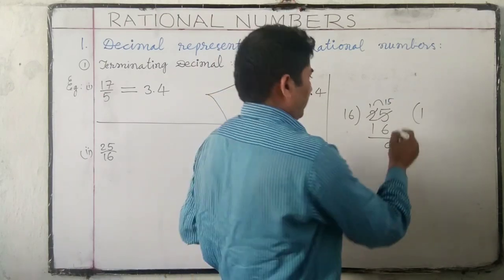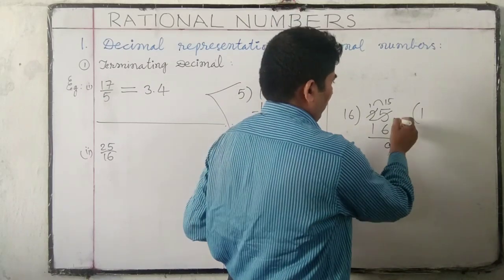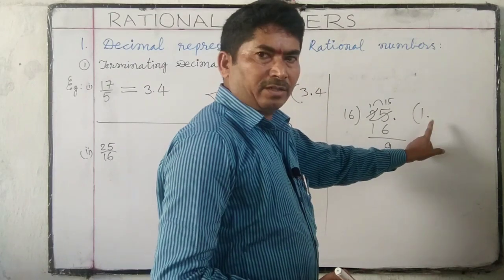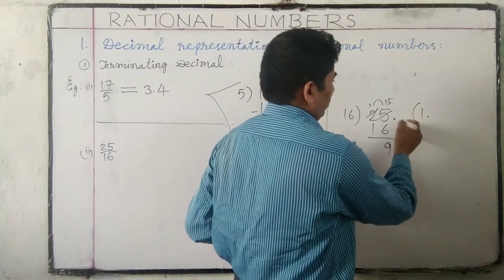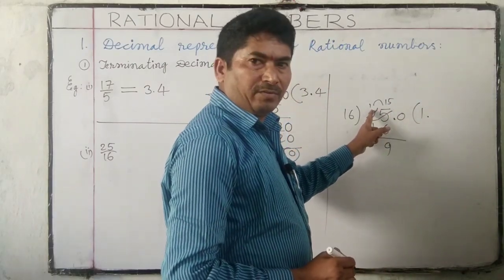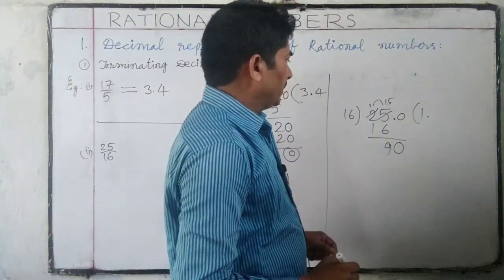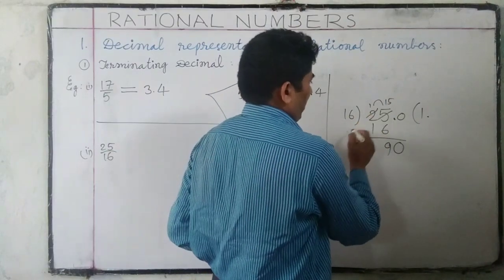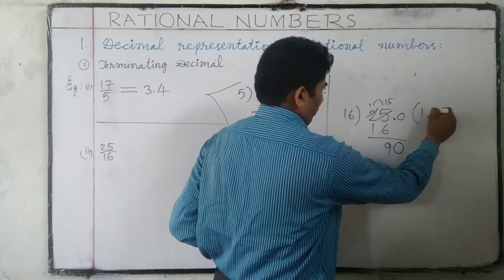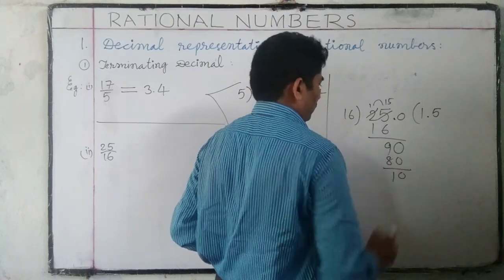Now we have to keep the decimal point in the dividend and at the end of the quotient. Now put a 0 after the decimal point in the dividend as well as in the remainder. Now continue the division. 16 fives are 80, remainder 0, 1.